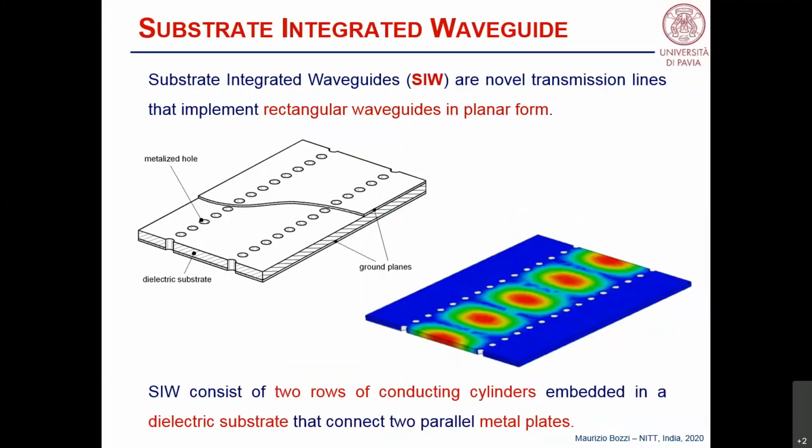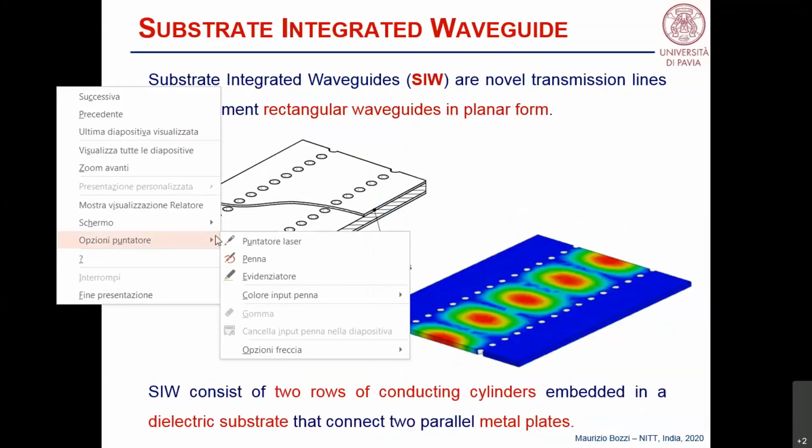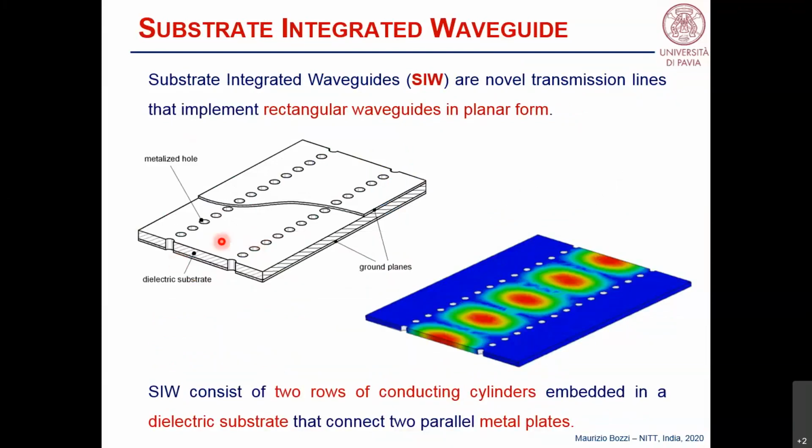If you look at the drawing on the left-hand side of the slide, you see that the substrate integrated waveguide consists of the electric substrate with top and bottom metal layers and two rows of metal cylinders, of metal vias, that define the side walls of the rectangular waveguide. So this structure looks like a rectangular waveguide, but it is implemented by using an electric substrate, exactly like a microstrip line.